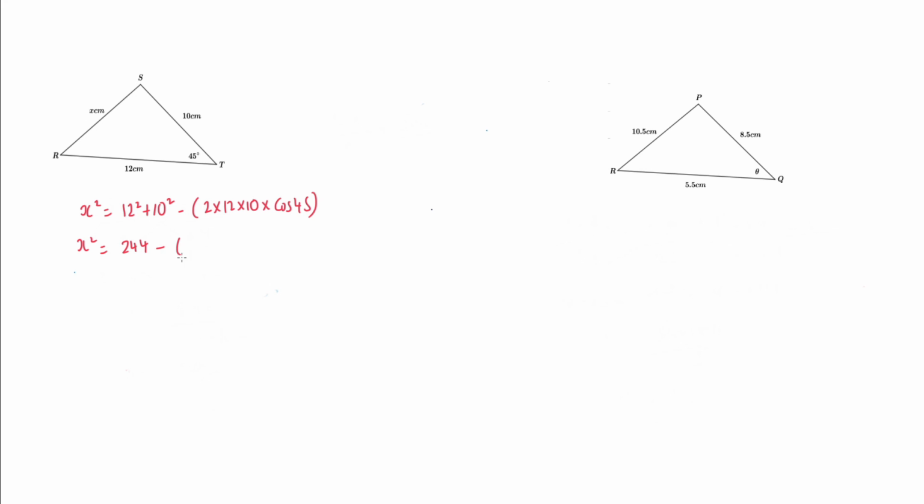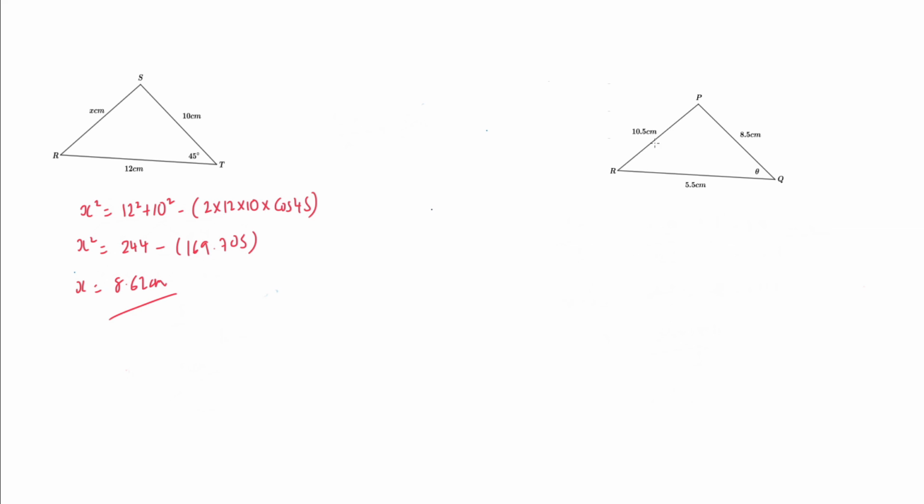And then minus, if you do 2 times 12 times 10 times cos 45, what does that give? 169.705. Now, if you take away and then square root this, so 244 minus that, and then square root it, your answer should be 8.62. So x should be 8.62.